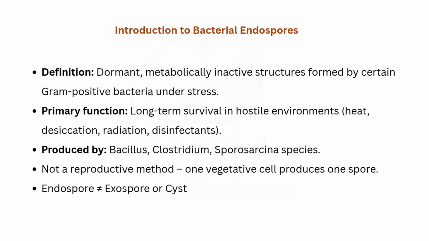Unlike reproductive spores in fungi, bacterial endospores are not involved in multiplying the population. Instead, one vegetative cell produces one endospore, and when the conditions improve, that spore germinates back into one vegetative cell. So it's a one-to-one transformation, not multiplication.